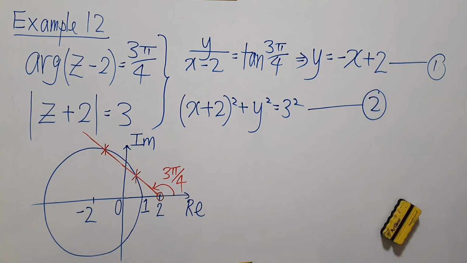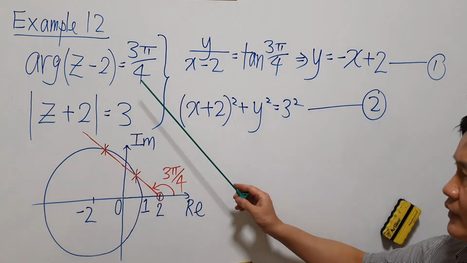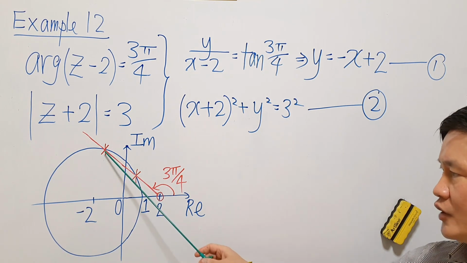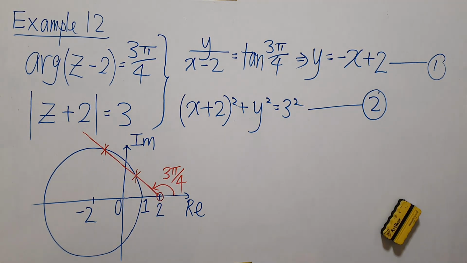So to solve these two conditions for the point z as shown in the diagram, you could do it using the equivalent Cartesian equations. What I've done here is convert both equations into the Cartesian equivalent.